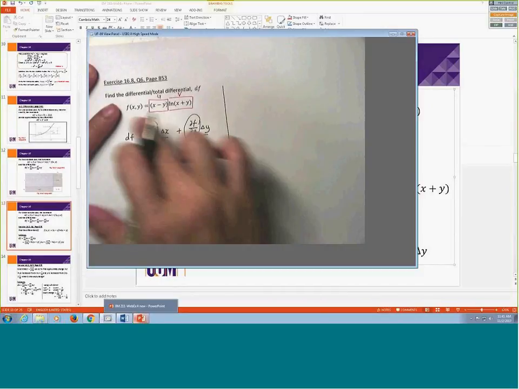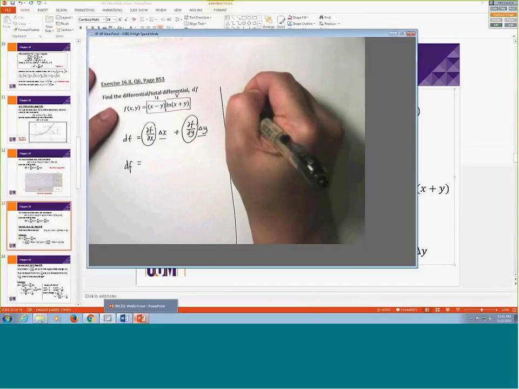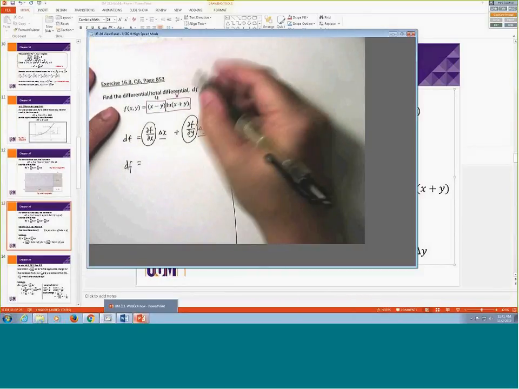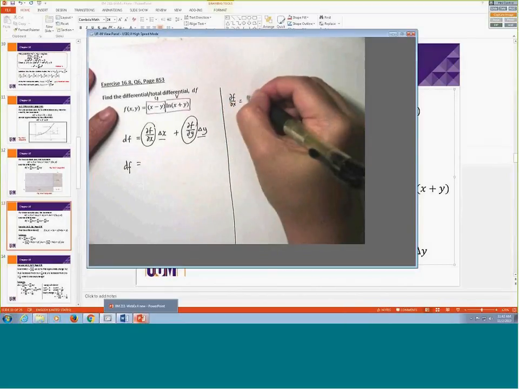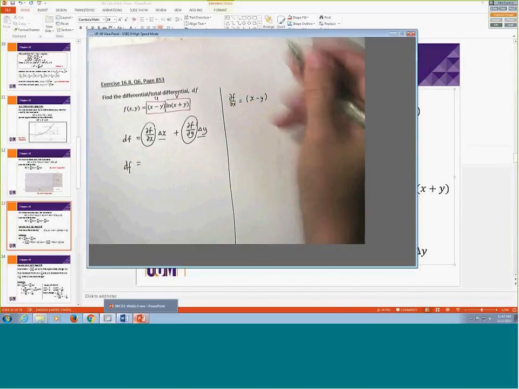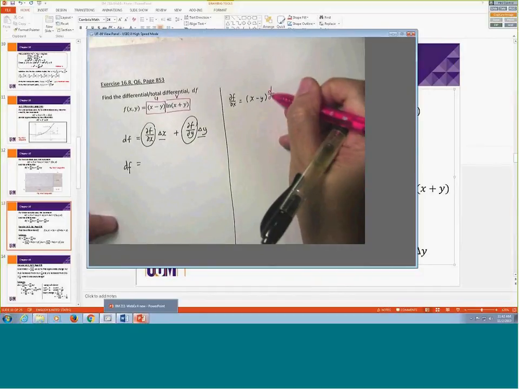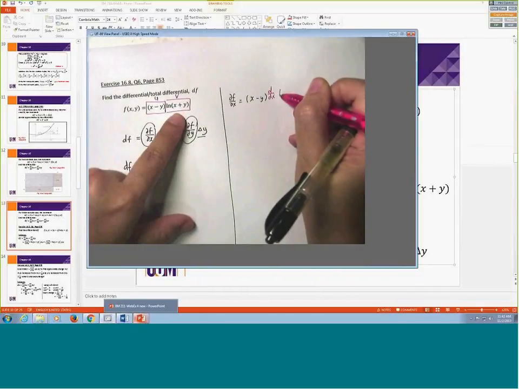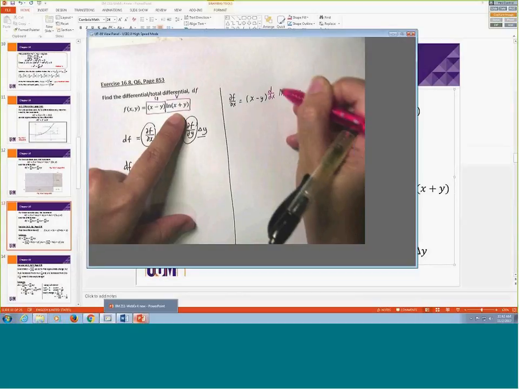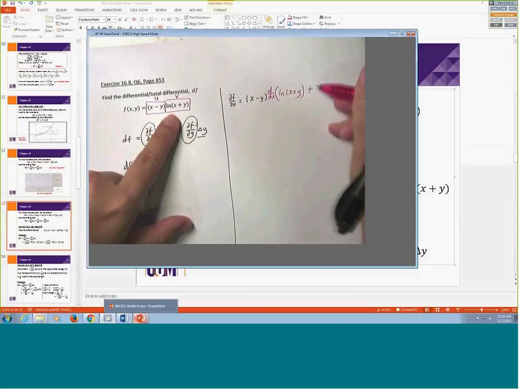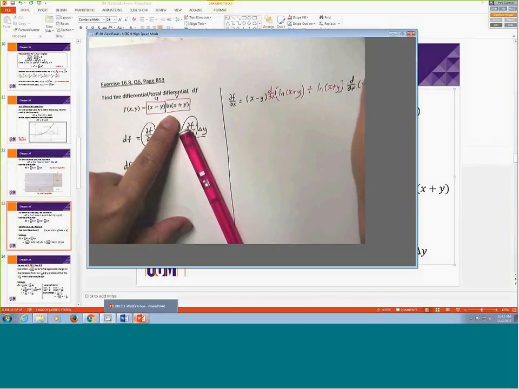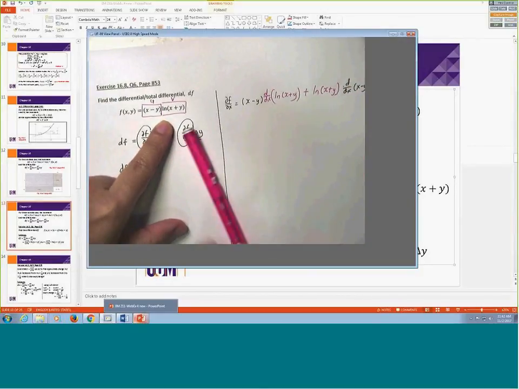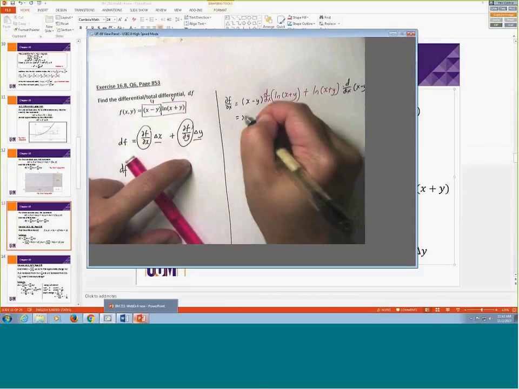If f(x,y) equals uv, then del f del x will be: keep u, differentiate v, plus keep v, differentiate u. So this one is maintained, and this one is maintained.